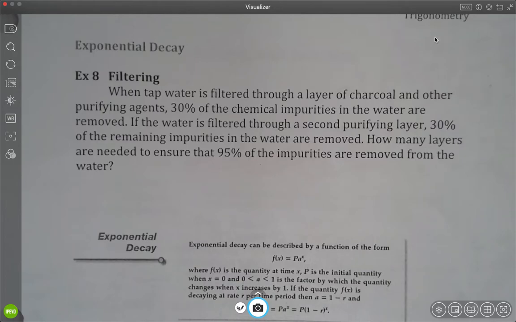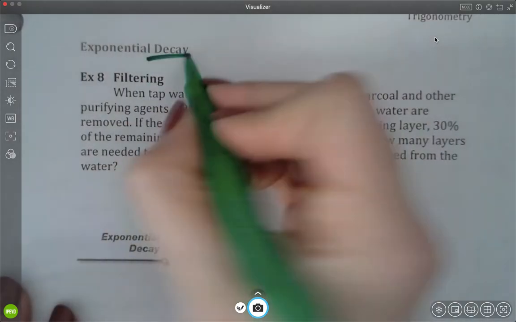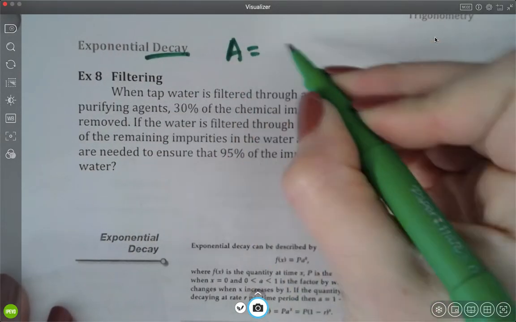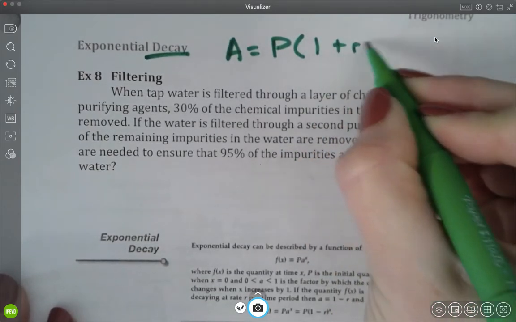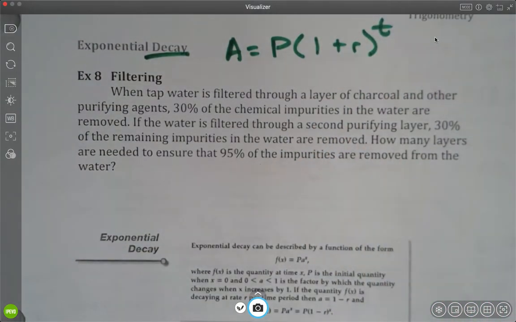So, number 8. Number 8 is going to be the same except one thing. This says exponential decay. My formula before was 1 plus r to the t power. When you're doing exponential decay, what changes out of my formula?